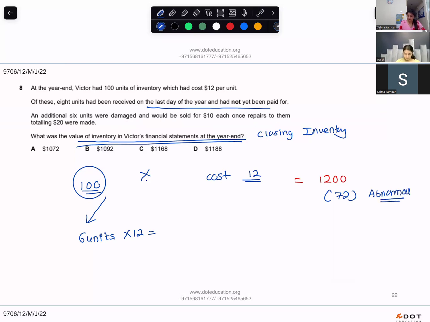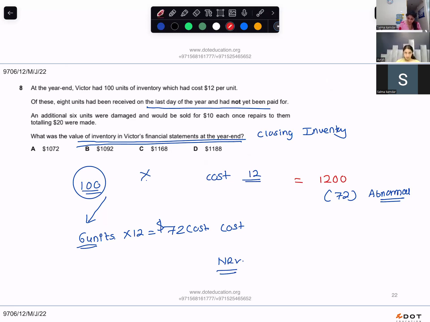I will value these 6 units at whatever is lower. The cost of 6 units is 72. Now find the NRV of these units. How do you find NRV?